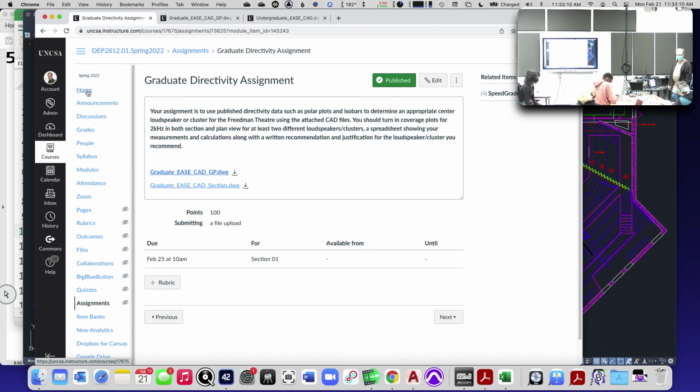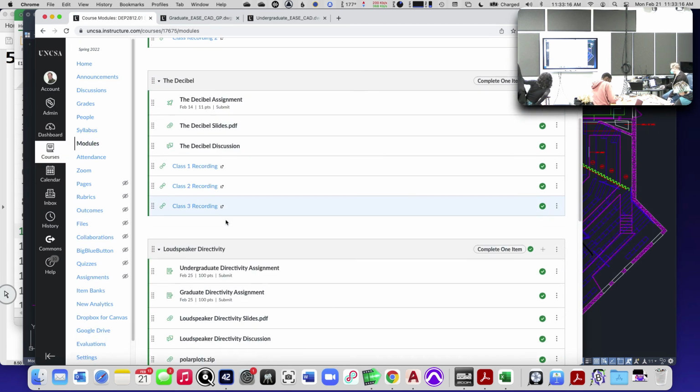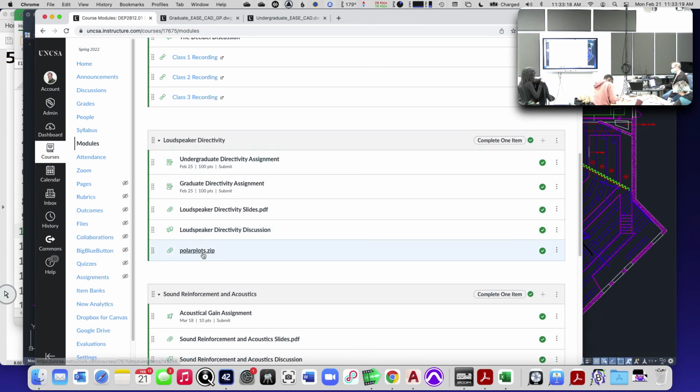You said the list is in modules? Yep. If you go to the modules, you will see polarplots.zip. That has a whole bunch of PDFs with polar plots in it that you can use. I have a question. Yes? Can we just put the speaker anywhere? Do you want us to take into account where buttons are?